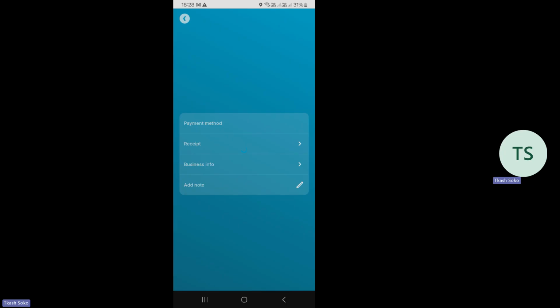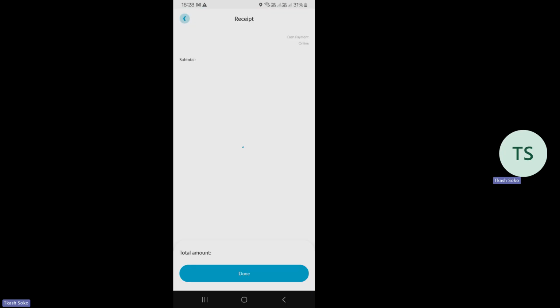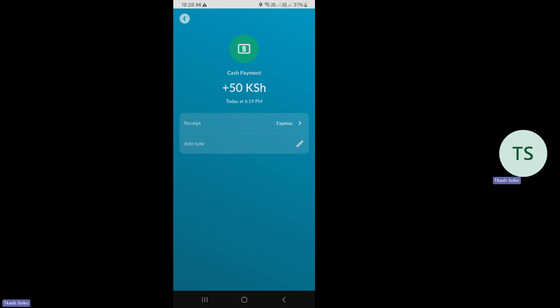The express receipt, we said in the previous session that this express is when you're selling when it is very busy. That is the option I chose so that I would do that quickly. So if I tap the express receipt, you can see that this was something under the facial that was sold for 50 and it was sold in store. There is the option of adding a note there.